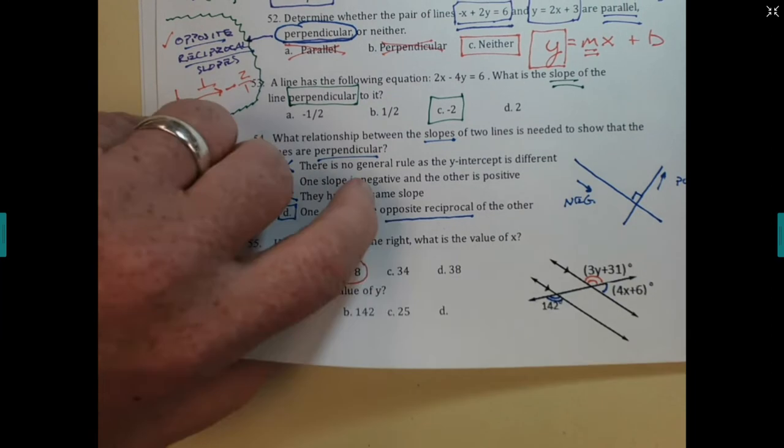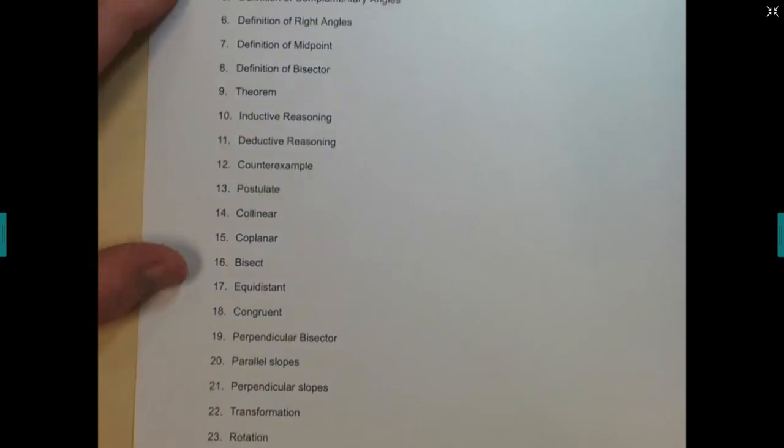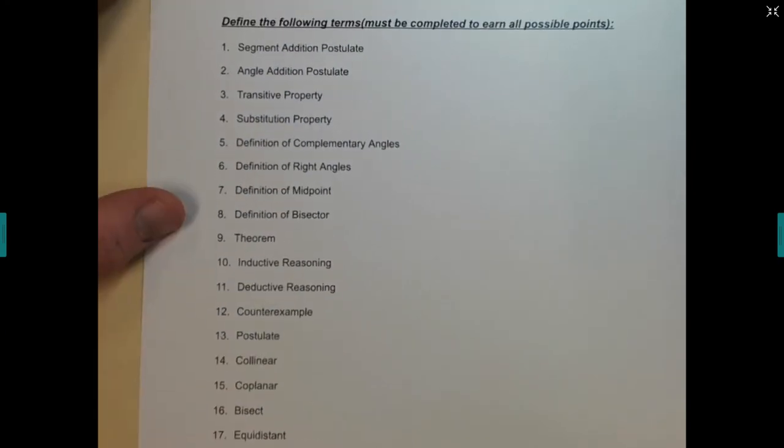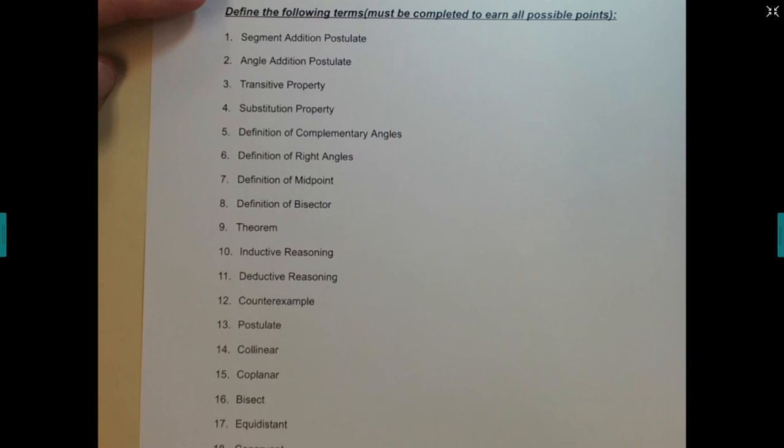You guys remember, you got to complete this review if you want the big 10-point bonus. And be careful, the last page is a lot of definitions. Don't think, oh, I don't have to do that page, because I put in the instructions here, define the following terms. Must be completed to earn all possible points. I actually want you with your own hand to go define all of those terms. They're easily findable.